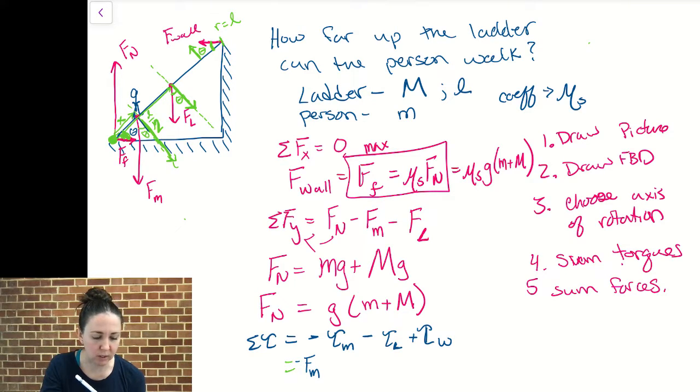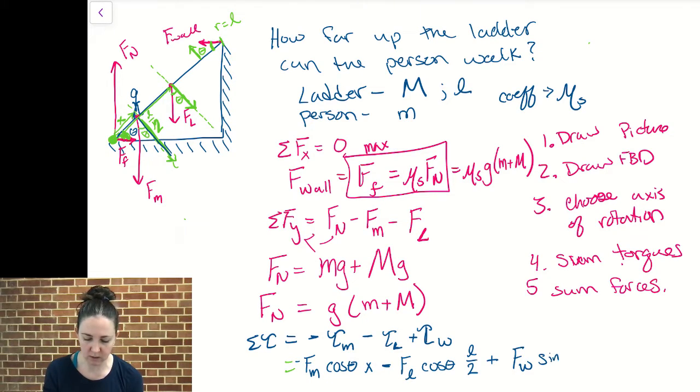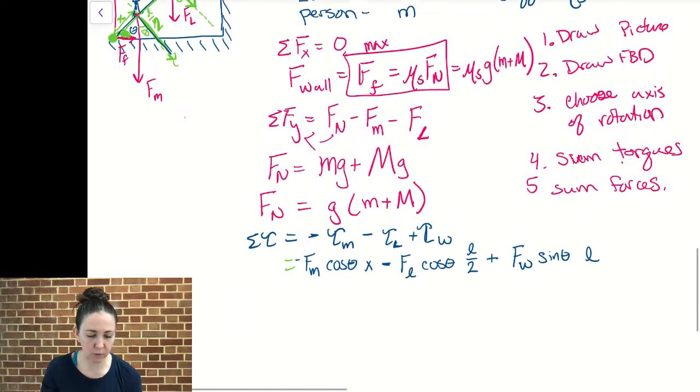This is my adjacent side, so that's going to be cosine theta, and we'll multiply that by the distance x, minus the force of gravity from the ladder times cosine of theta times L over 2, plus the force from the wall times the sine of theta, because this is my opposite side now, times L. I'm going to scroll up.